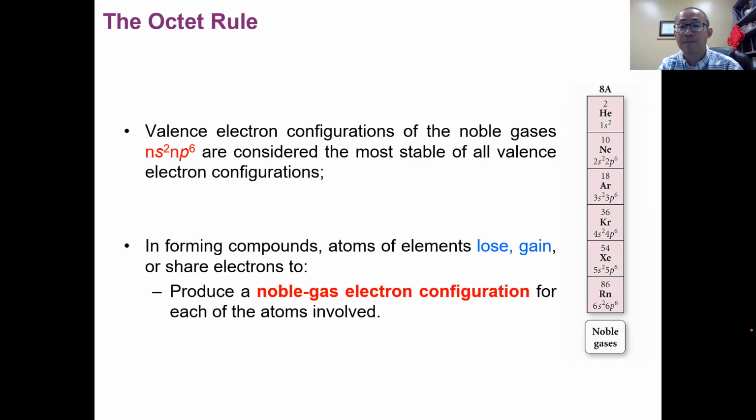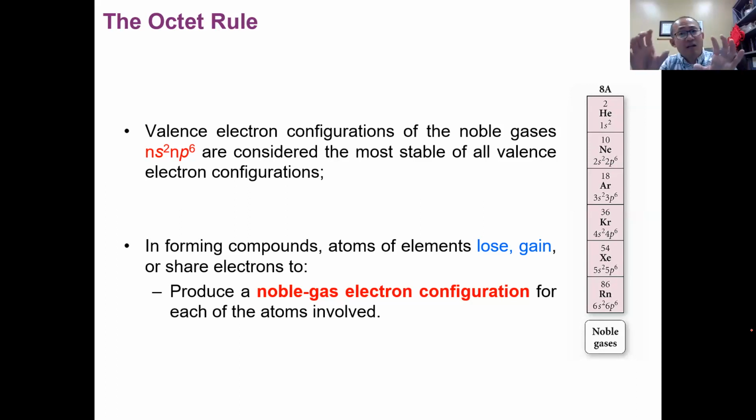Because of this fact, atoms that are not noble gases will try to lose, gain, or share electrons to achieve an 8 valence electron configuration in the formation of compounds.